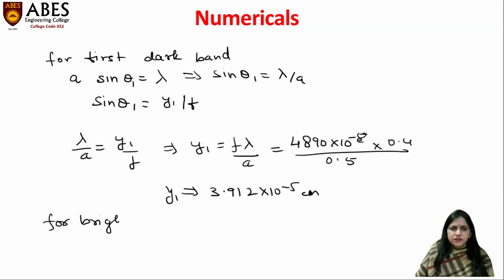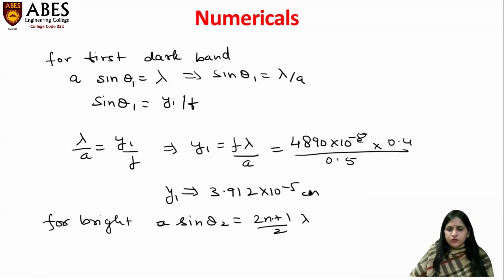For bright, we are going to use A sine theta 2 is equal to (2n plus 1) by 2 lambda. The value of n is 1. So as n is 1, A sine theta 2 is equal to 3 lambda by 2, or sine theta 2 is equal to 3 lambda by 2a.